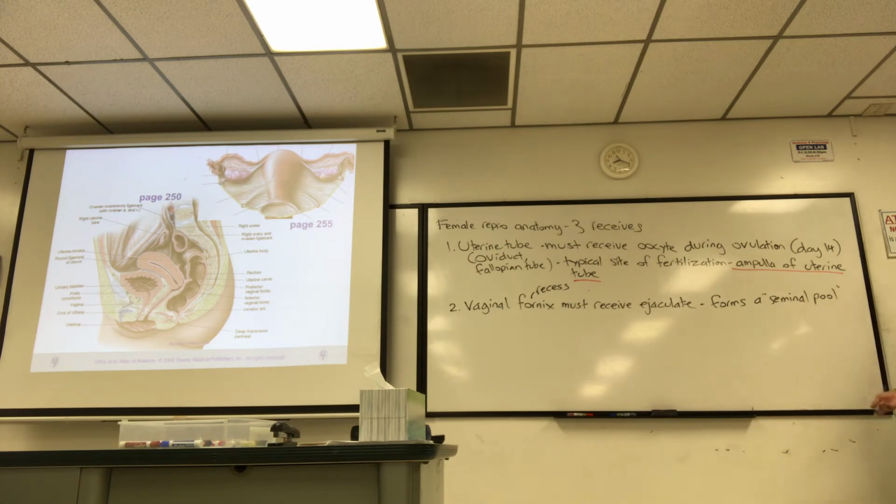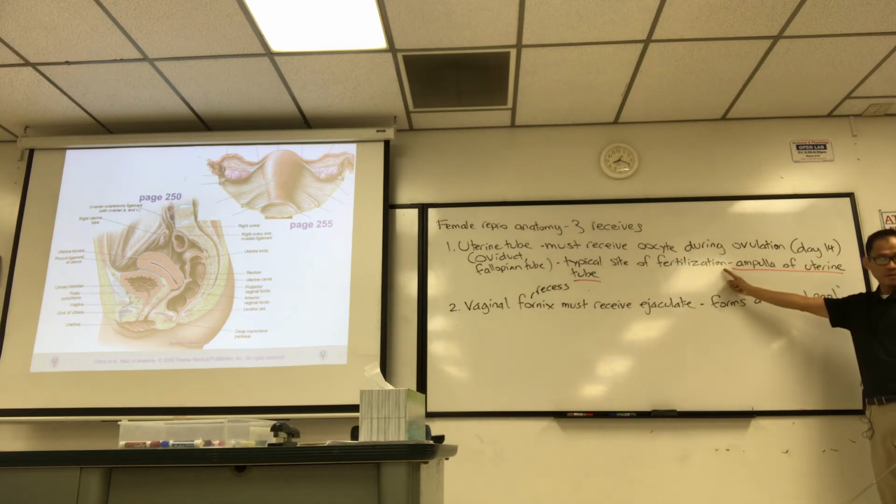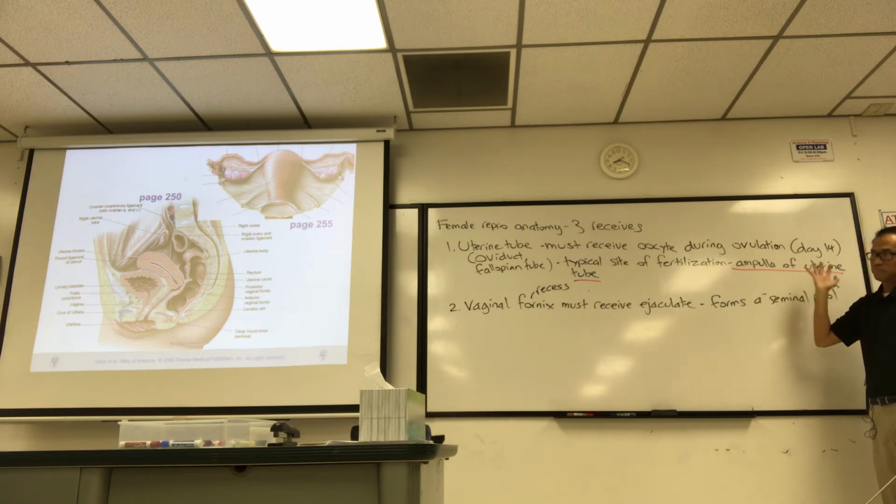So after sex is over, everything kind of shrinks back, and the cervix will dip down into that pool and suck up the sperm, and hopefully fertilization will be achieved. Okay. So again, fertilization doesn't mean you're pregnant. It just means you fertilized.